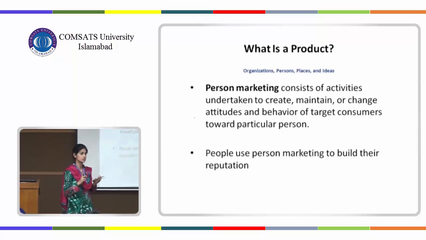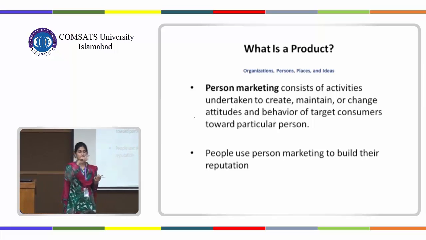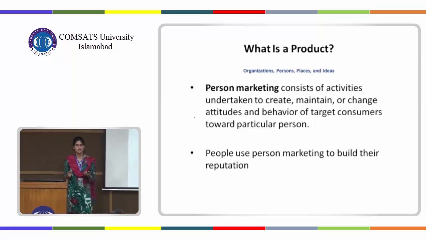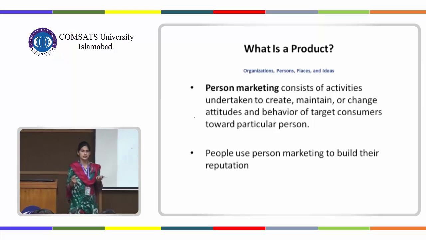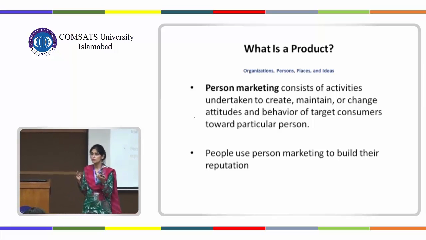This is the amount that he generates out of the endorsements that he does for different brands. This is person marketing, right? All your celebrity endorsements are actually two brands coming together to sell a product. Huge celebrity endorsers generate a lot of money as a result of celebrity endorsement. This is all because of person marketing.